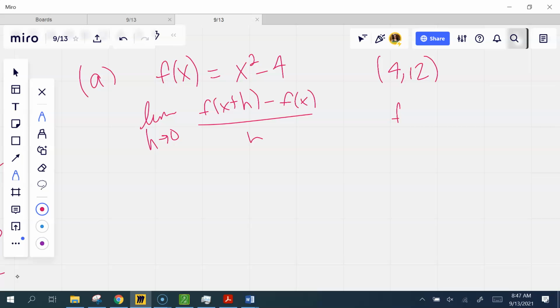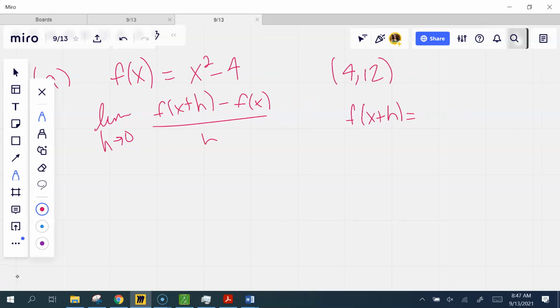I came over here and said, well, f of x plus h is squared. Oops, this is 4, sorry. f of 4 plus h is 4 plus h squared minus 4. Only my x gets the plus h.